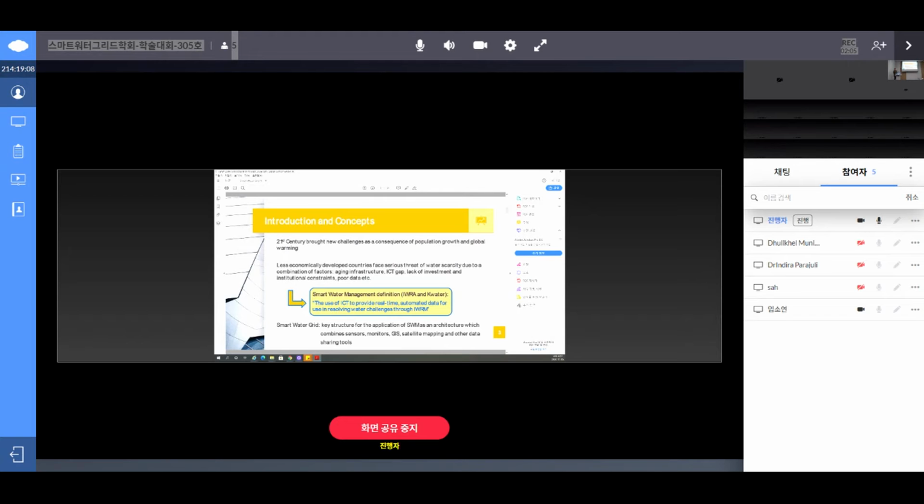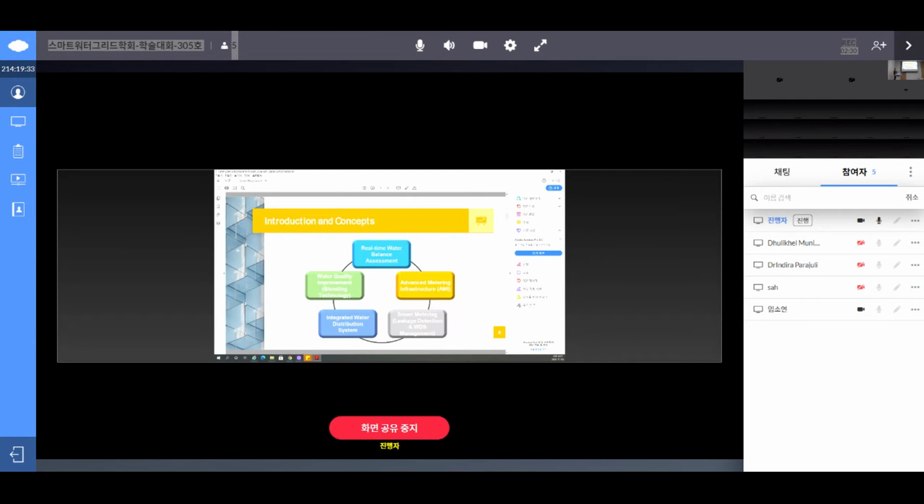The definition of smart water management, which is a new paradigm for the management of urban water, especially from IWRA and K-water, is the use of ICT, so information and communication technologies, to provide real-time automated data for use in resolving water challenges to integrated water resource management. The smart water grid is the case structure for this application of SWM, as an architecture which combines sensors, monitors, GIS, satellite mapping, and other data sharing tools.